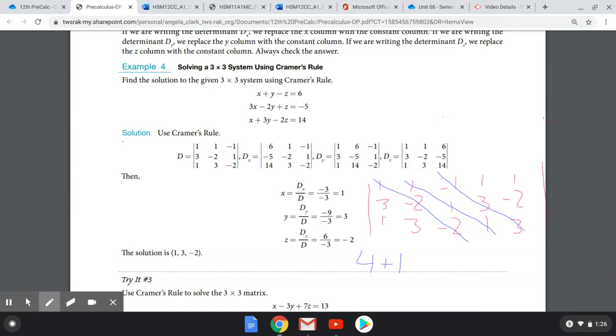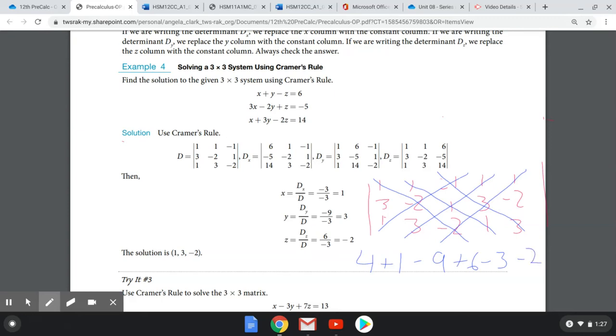So that's -9. So I'm adding a -9. And then I'm going to subtract this diagonal. So I'm subtracting -6. So I'm adding 6. And then subtracting this diagonal. So I'm subtracting 3. And then I'm subtracting this diagonal. So I'm subtracting 2.